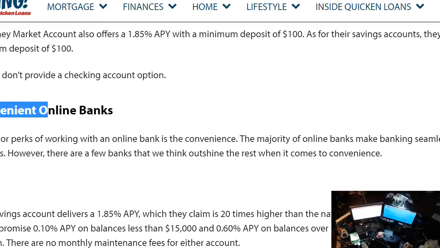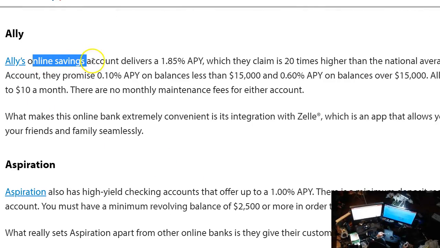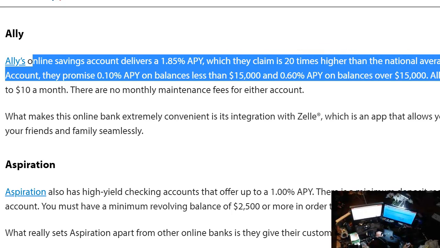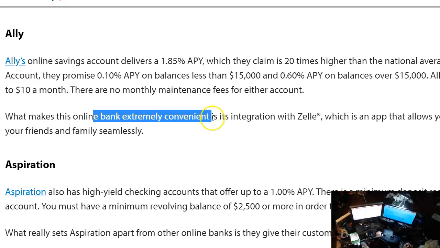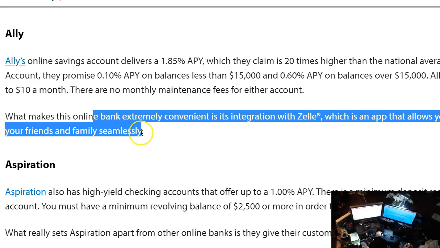Look who gets most convenient online banks. There they are. Online savings account delivers 1.85 APY, which they claim is 20 times higher than the national average. What makes this bank extremely convenient is its integration with Zelle, which is an app that allows you to send and receive money from your friends and family seamlessly.